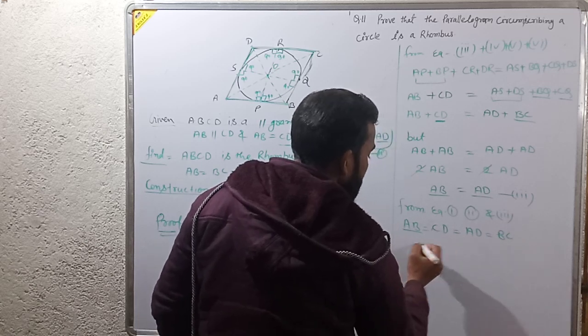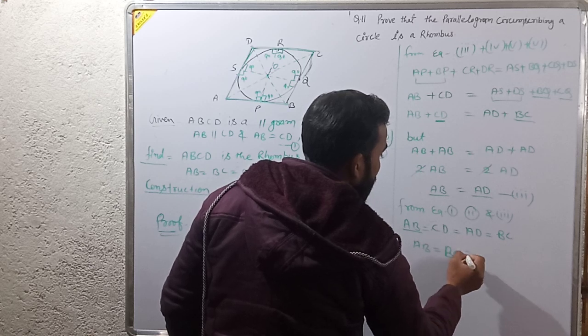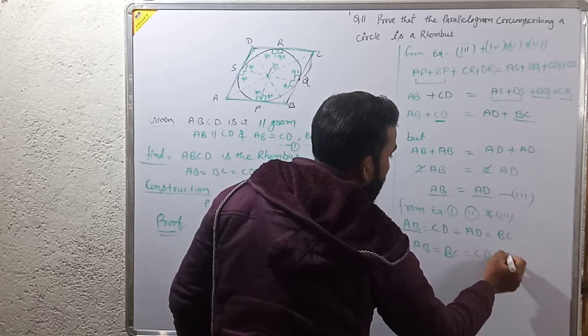So we can say that AB equals BC equals CD equals DA.